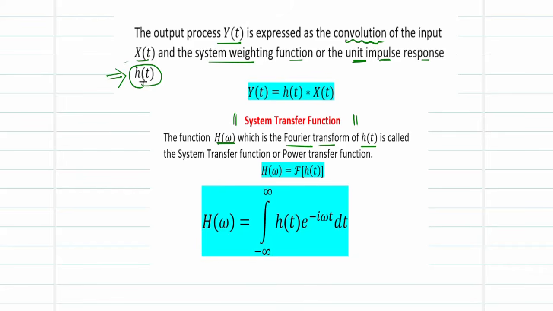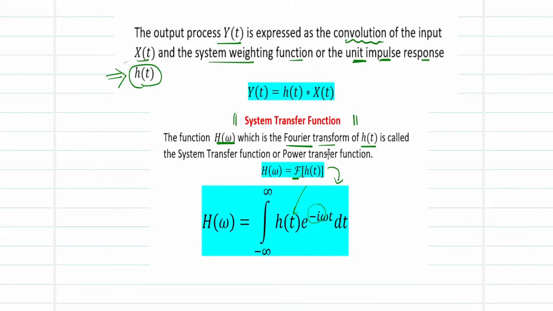So for this unit impulse response h of t, if I take the Fourier transform of it, then you call it the system transfer function. Now we can define the Fourier transform as an integral from minus infinity to infinity. Your input is here. Since it is the forward Fourier transform, you have a negative sign over here, in which way you can remember the formula.